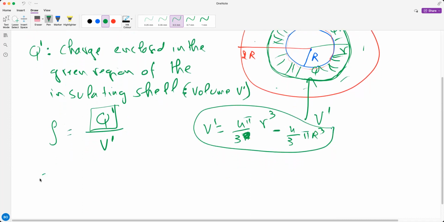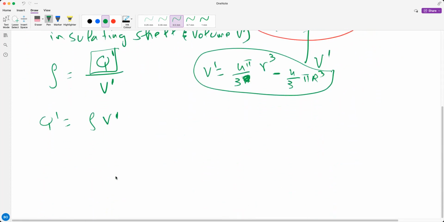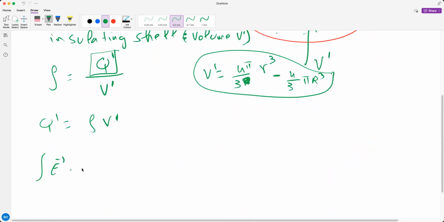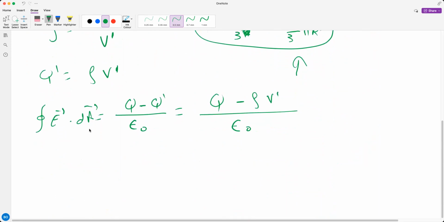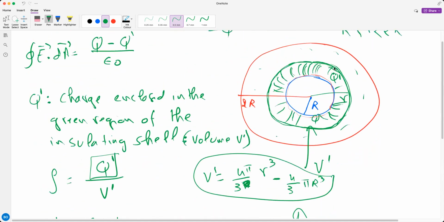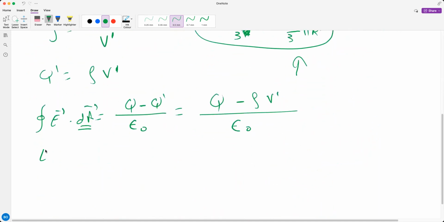So I know that Q prime will be equal to rho V prime. And then all I have to do is use Gauss's law, which is equal to Q minus Q prime divided by epsilon 0. Q is given, and Q prime is rho V prime that I found here, divided by epsilon 0. Now, what is the integral over dA? dA is the surface of the green region, and this surface will be equal to 4 pi small r squared.